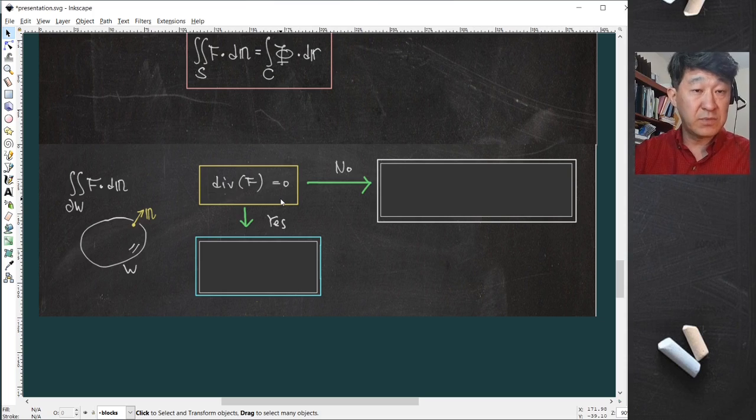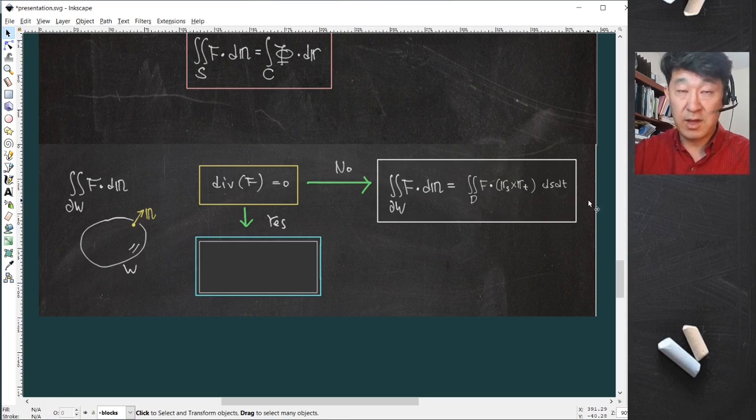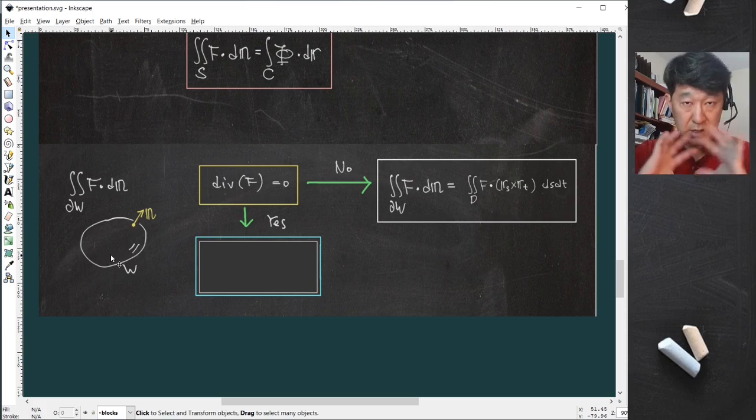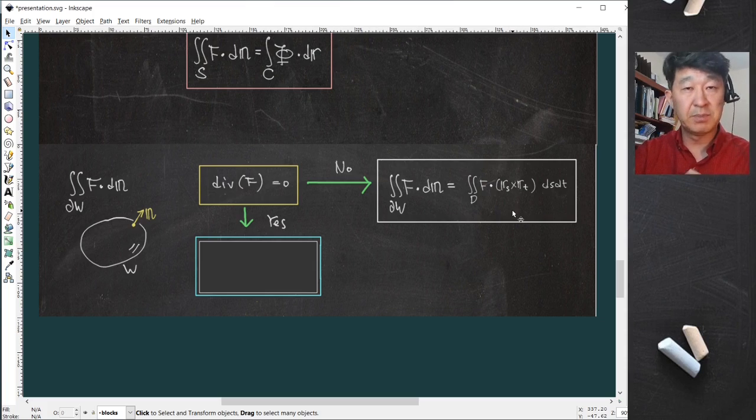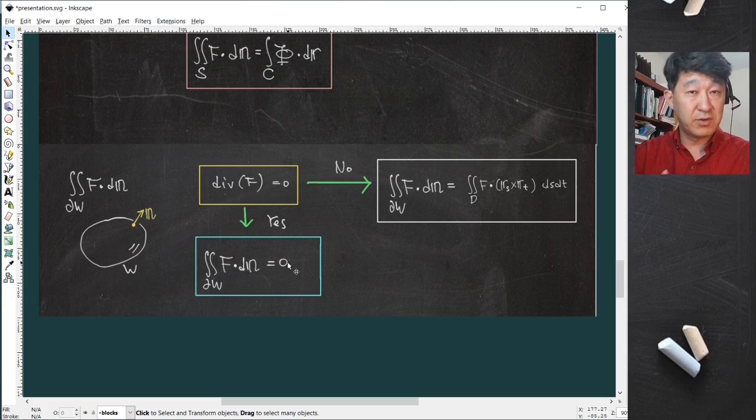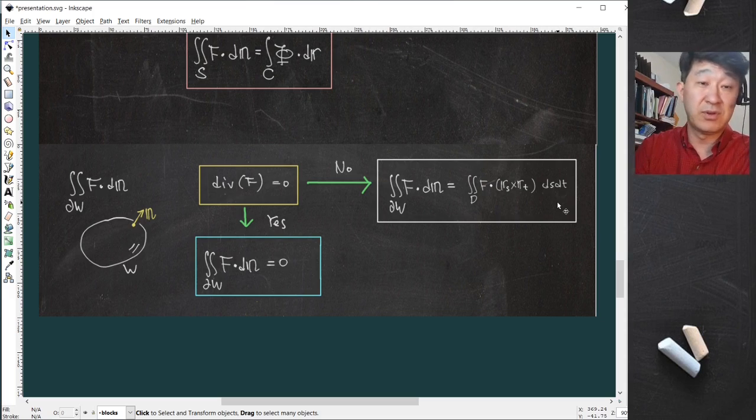If the divergence is not 0, no choice: take the honest parameterization of the surface and calculate this double integral in the ST plane. That's all you have. But if the divergence is 0, and if it's closed up like this, that's a direct application of the divergence theorem. This surface integral is equal to the triple integral of a scalar function, the divergence, but that divergence is 0, so this surface integral must be 0.